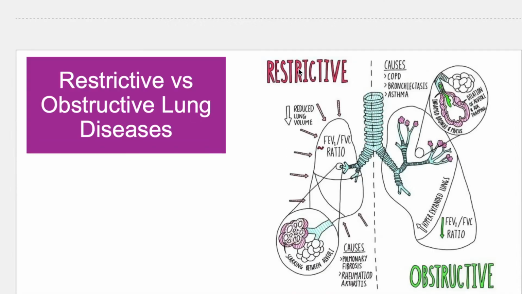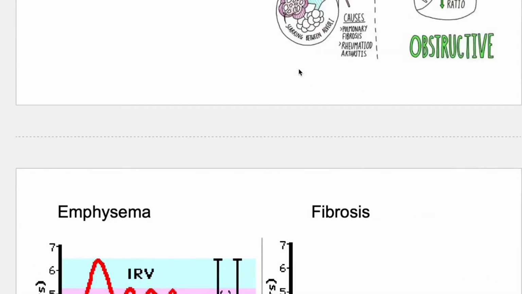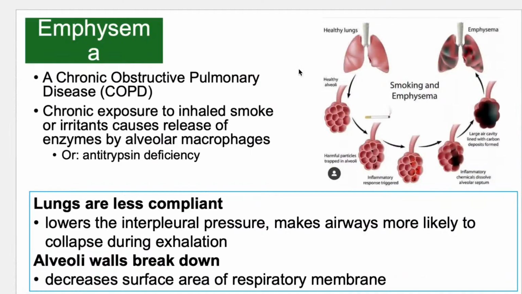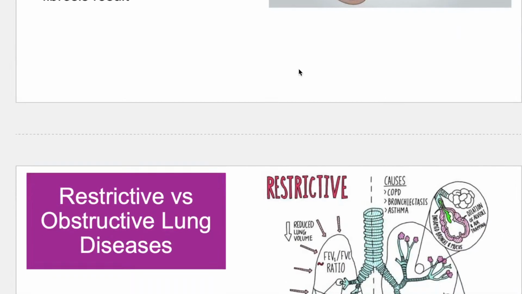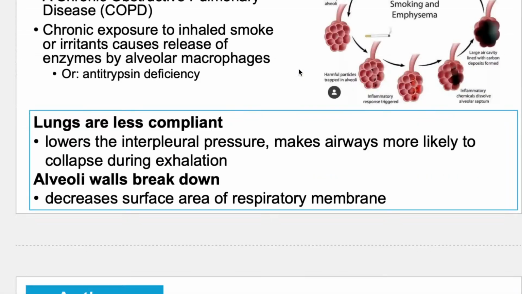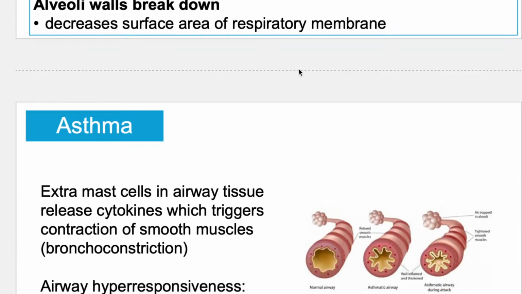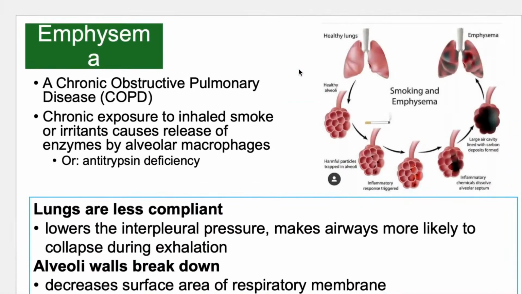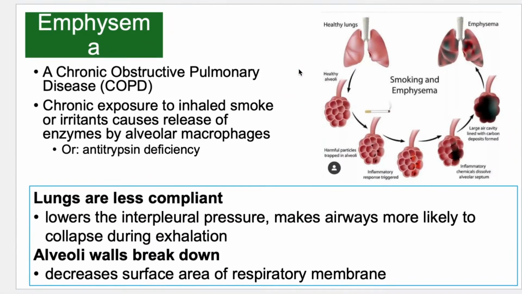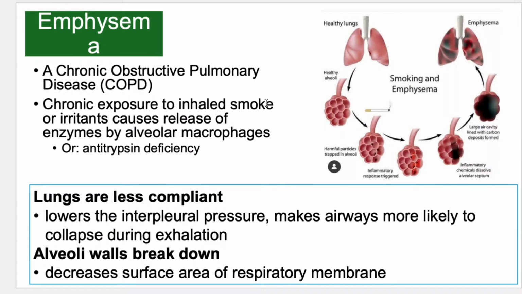So we know that emphysema is obstructive, and it says that it should be decreasing lung volume. So let's look at this.